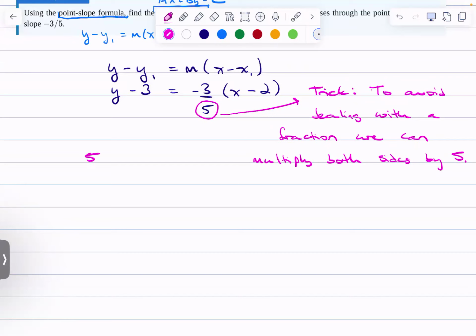So I have 5 times y minus 3, and notice that I keep it as one thing, so I use brackets, is equal to 5 times, in big brackets, negative 3 over 5 times x minus 2.